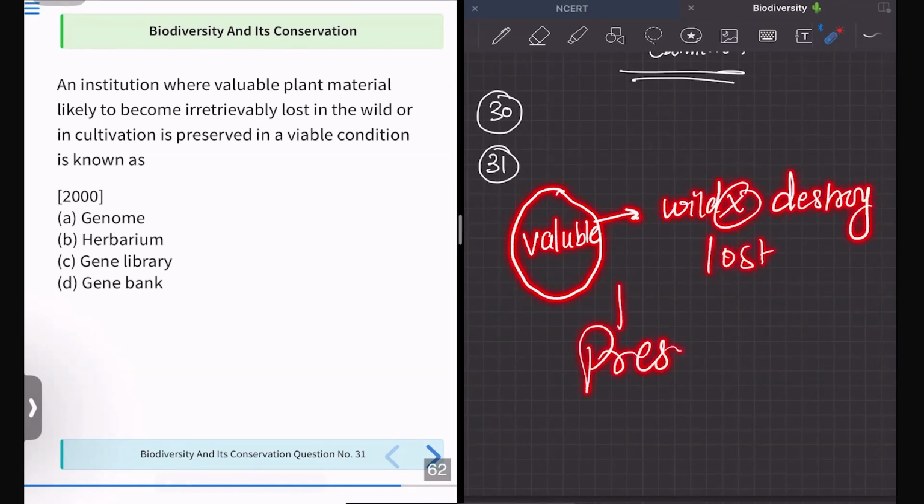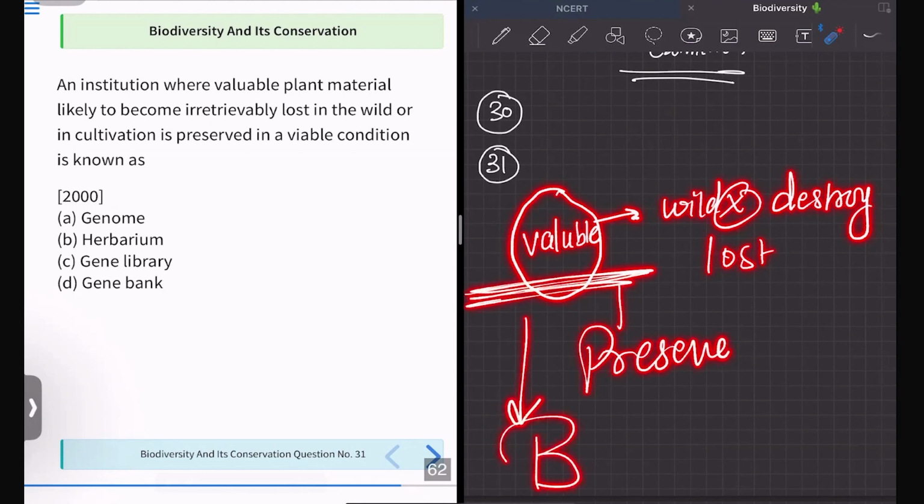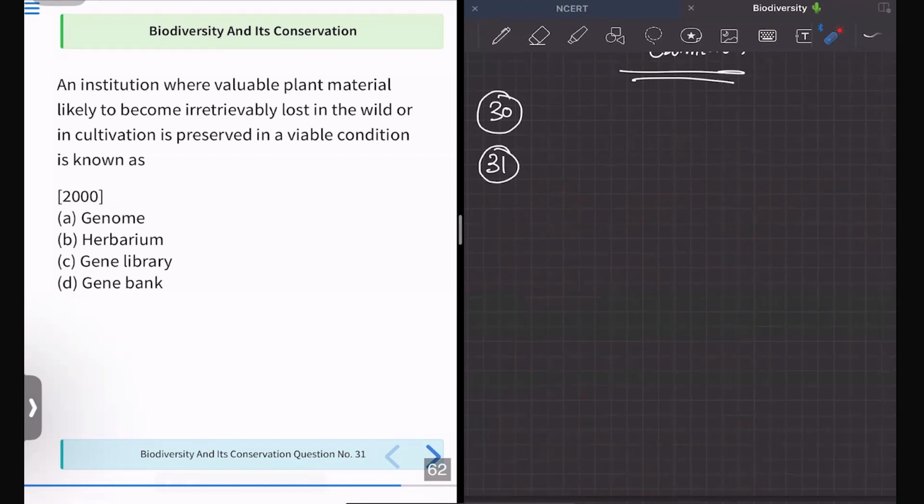So we want to preserve that. Whenever we want to preserve some valuable stuff, where do we go? We go to banks, correct? So similarly, as we keep all our valuable stuff in banks, if we have to preserve something, we can preserve it in gene banks or seed banks, which we have discussed.